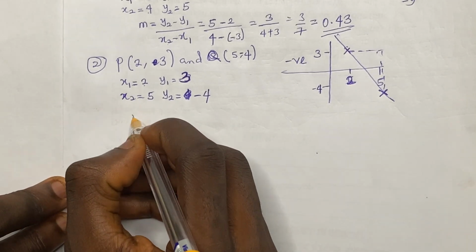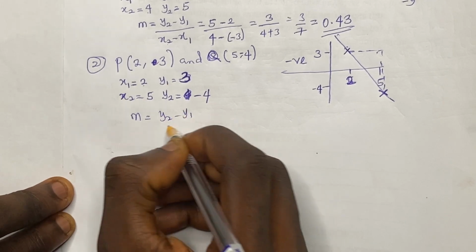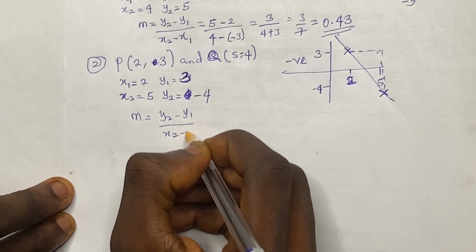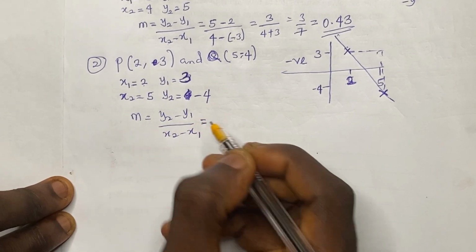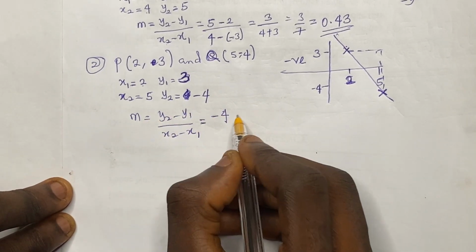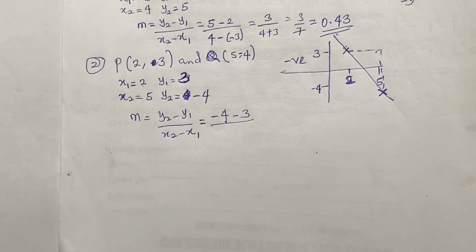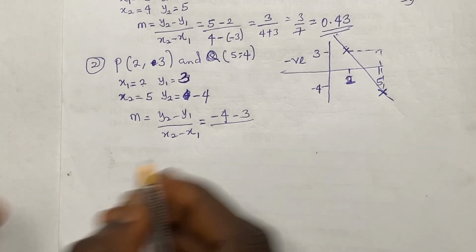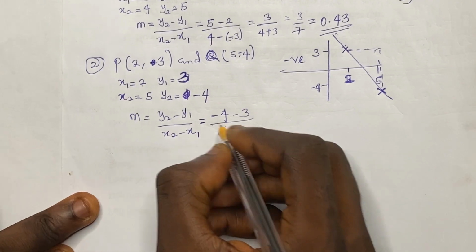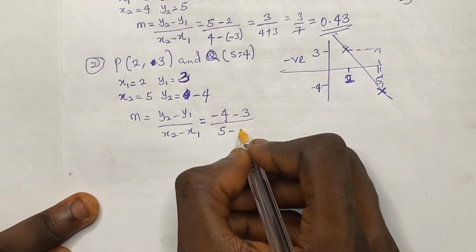So our gradient here, m, will be y2 minus y1 over x2 minus x1. And that will be y2, minus 4, minus y1, 3, over, are you seeing that our x2 here is 5, minus our x1, which is 2.